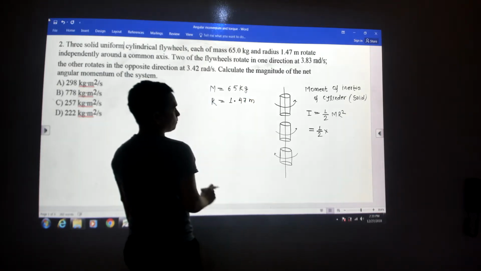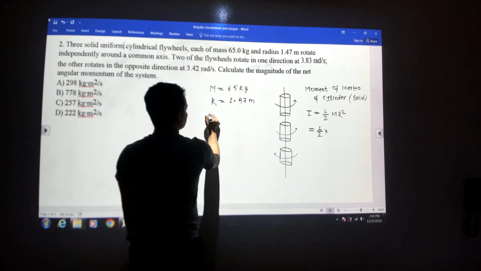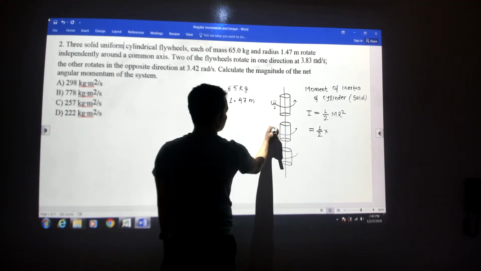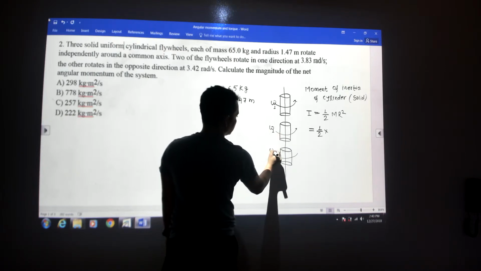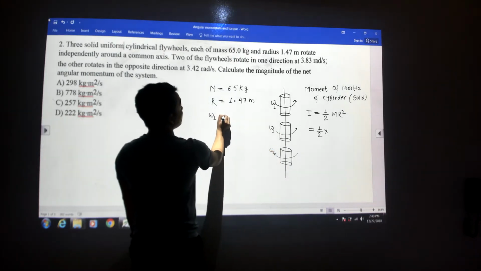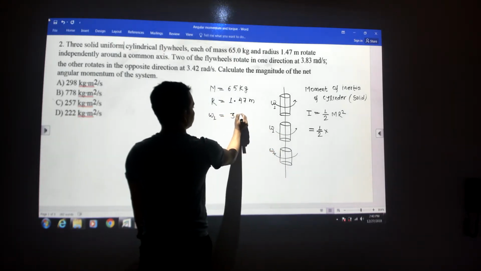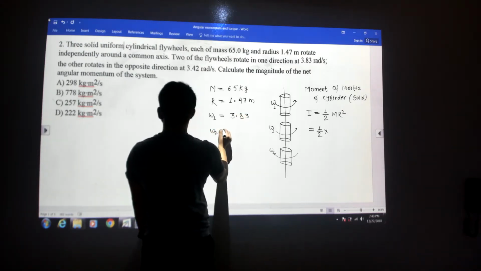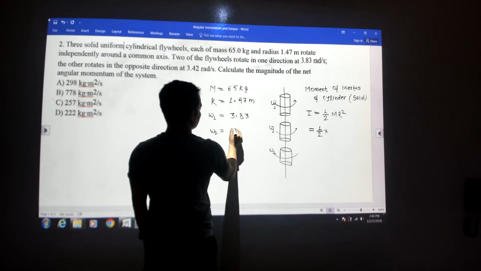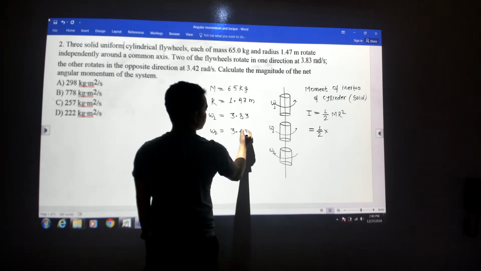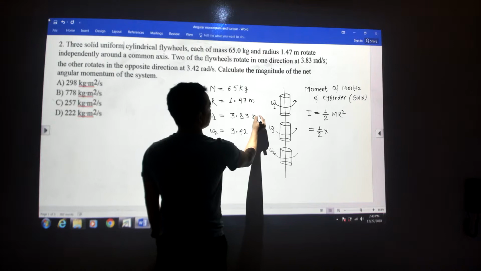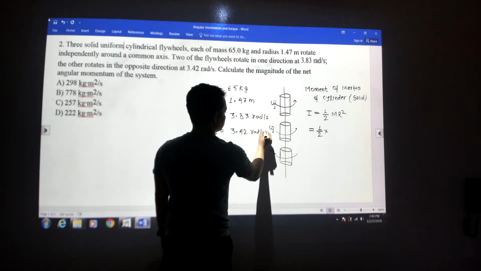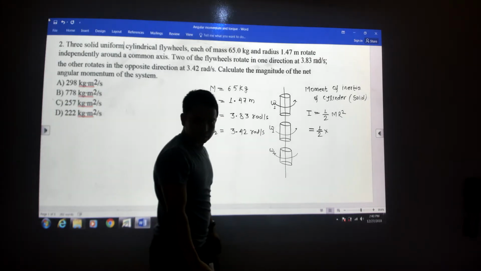So for this cylinder, let's say omega 1, and this is omega 2. The omega 1 is 3.83, and the omega 2 is given 3.42 radian per second. This is all the information given here.